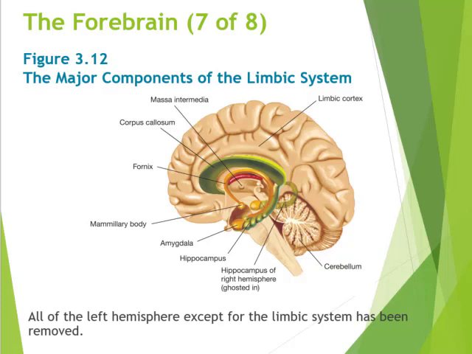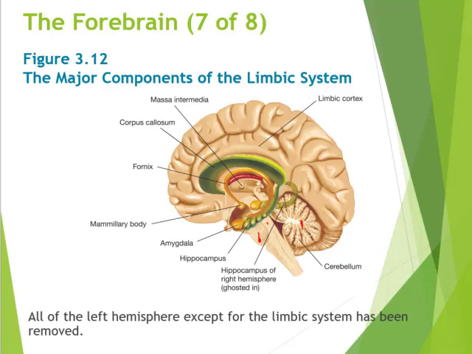It is basically a group of brain regions that includes the hippocampus and the amygdala, involved in learning and memory and emotions. So in this particular illustration, you can see the pons, which we talked about before, and the cerebellum, which we also mentioned. You can also see the midbrain up here, and the thalamus and the massa intermedia are also illustrated.